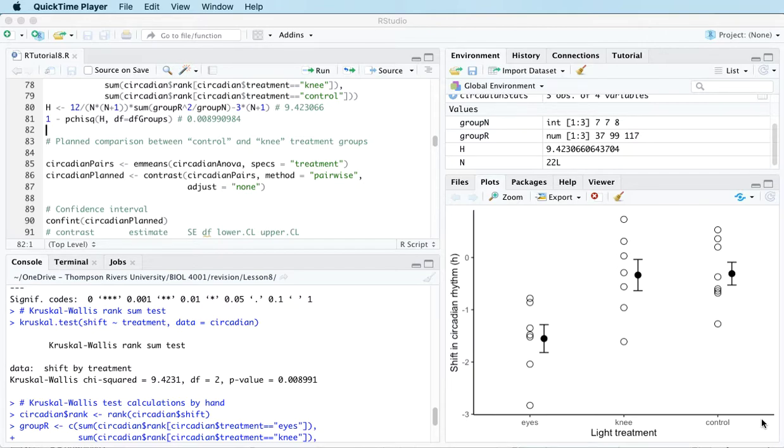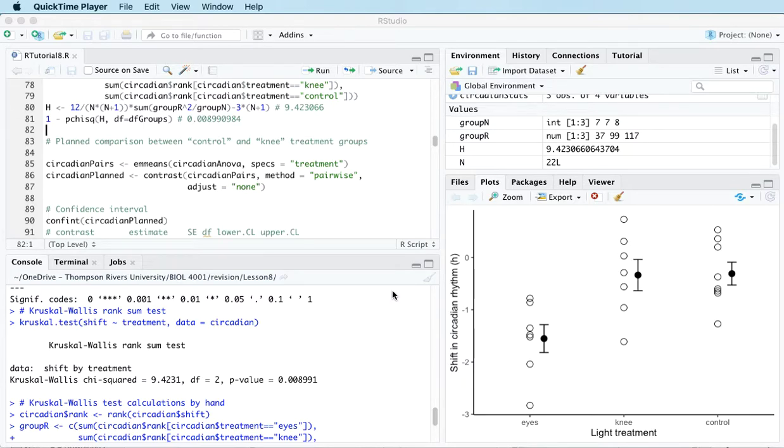It didn't seem to make much biological sense, and that was determined before they started even looking at any data. They designed their study and said, we're going to look at the comparison between the knee treatment and the control treatment and see if there's anything going on there. So it was a planned comparison, and it's the only comparison that we're going to look at now.